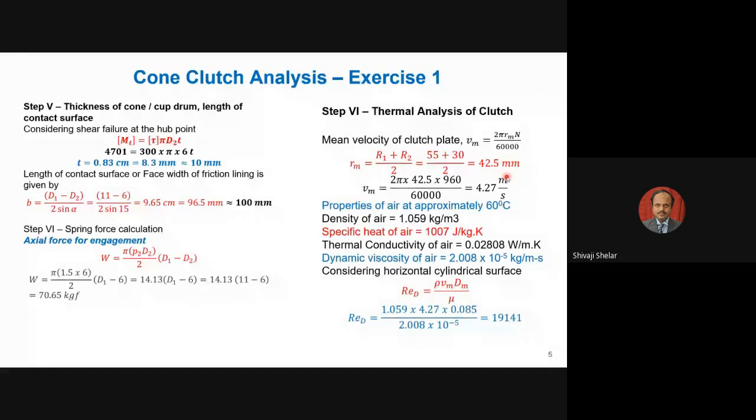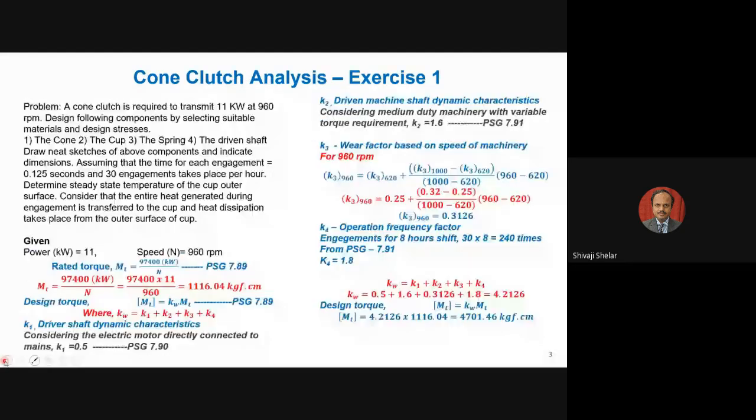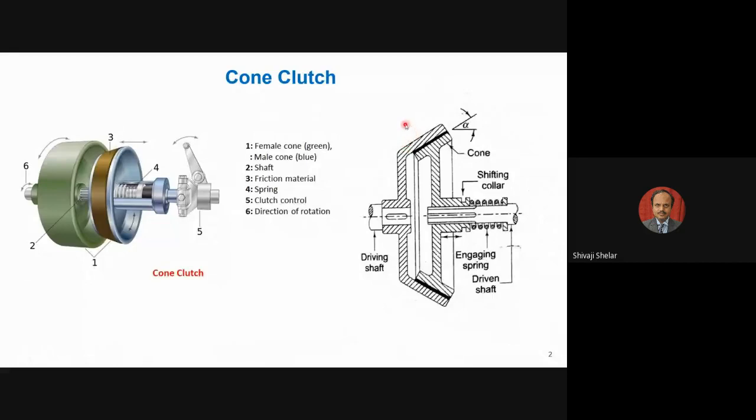So we have to take certain properties at a reference value. I am considering the average surface temperature is higher, and room temperature may be around say 30-35 degrees Celsius. Let's say the air film surrounding that surface may also be at 30-35 degrees Celsius.